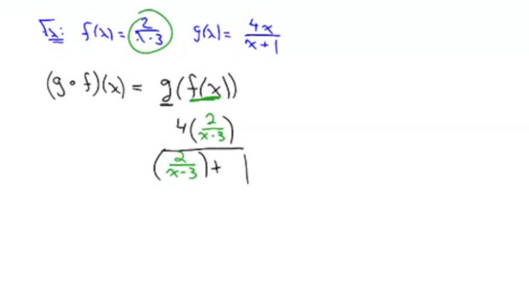Stop right here. Just looking at what I plugged in, what is the domain of what I just wrote? X cannot be 3. Can't be 3 there, can't be 3 there. So part of your domain is going to be x can't be 3, even at the very end, after you simplify this expression. x can never, ever equal that number.